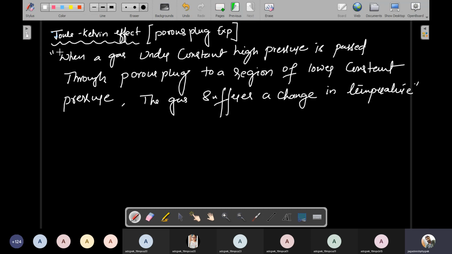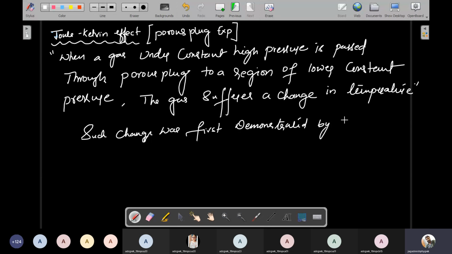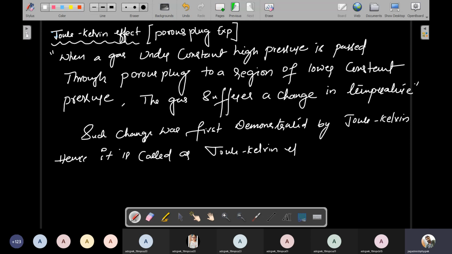Such a change was first demonstrated by Joule Kelvin, hence it is called the Joule Kelvin effect.